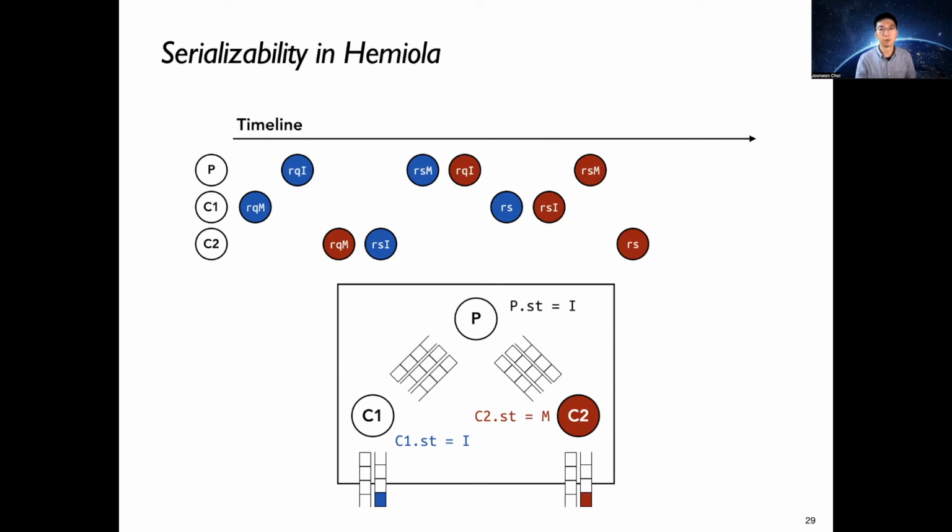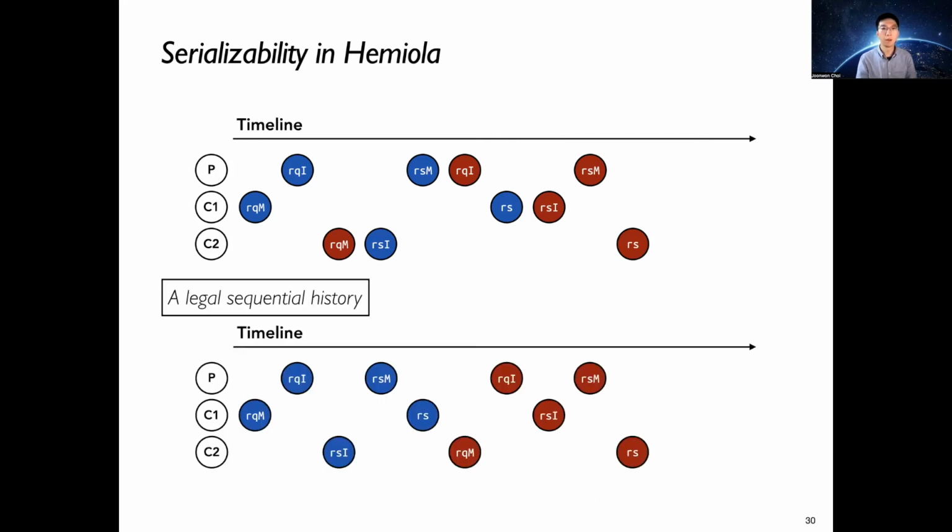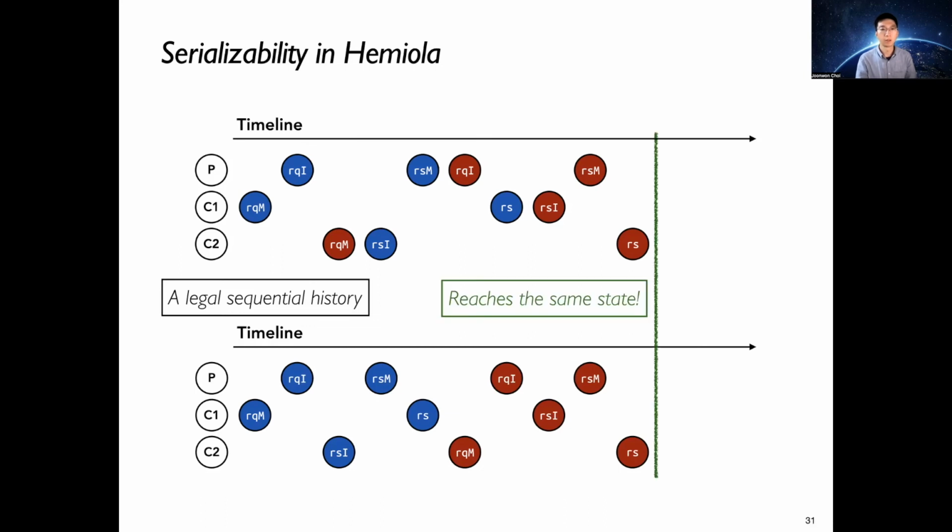Let me give an example to illustrate more about this benefit. This is the example we've just seen a few minutes ago, where the blue and red transactions are interleaved. Below, we see a legal sequential history where the two transactions are serialized. The serializability guarantees that for any interleaved transactions, there is a sequential history that reaches the same state.